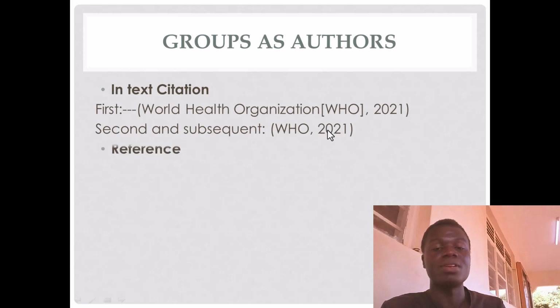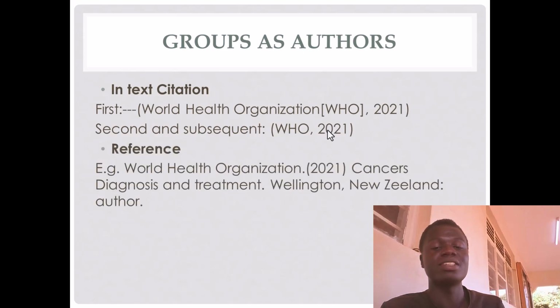So when creating a reference list, you need to include the full name of the organization, for example, World Health Organization, then the year of publication, and then the journal name, the institution or the place where it's been published, and it continues.